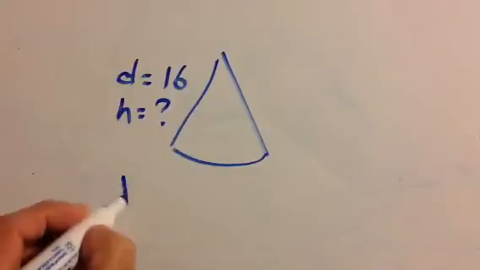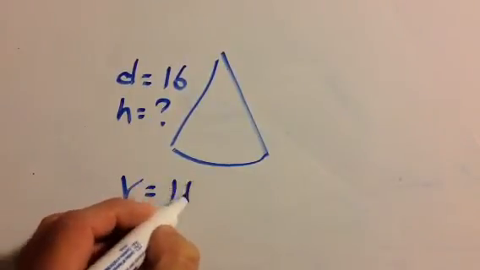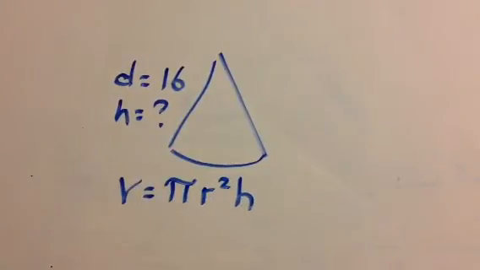So let's make our formula again. The volume, again, is pi r squared h. Remember, it's pi r squared h over 3. The only thing missing to solve this is the volume.